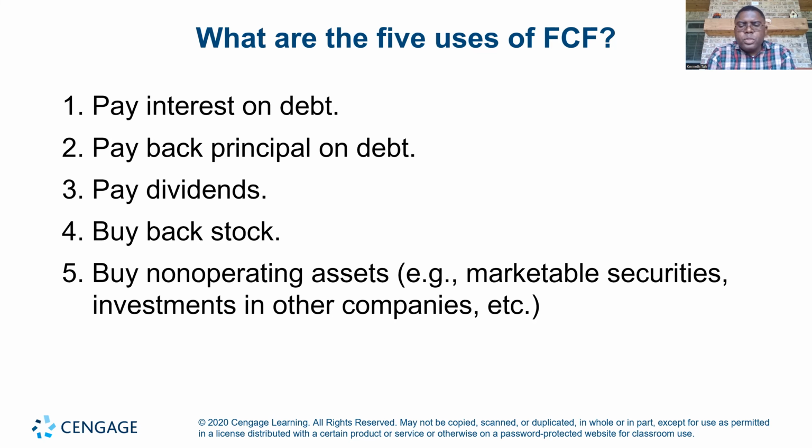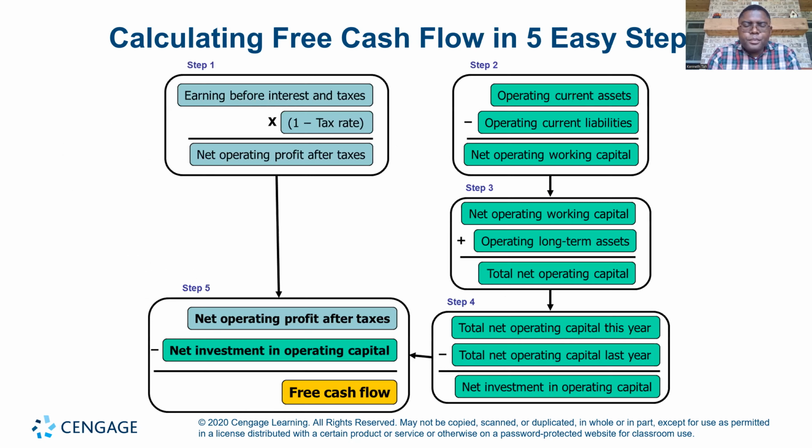All right, now we want to see how we can look at the company's financial statements and calculate free cash flow. It's quite hectic to do, but with a calm mind, we can navigate our way to calculating free cash flow. We can place this into 5 steps. At the end of step 1, we are able to generate the net operating profit after taxes. It is basically the earnings before interest and taxes times 1 minus the tax rate.